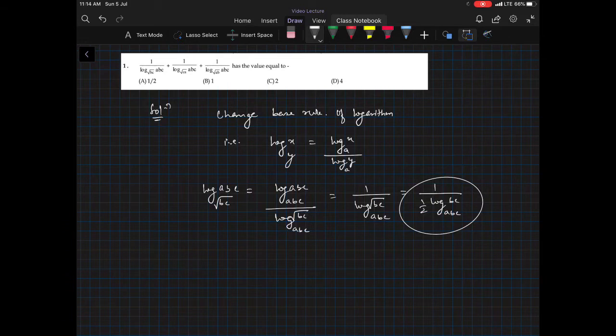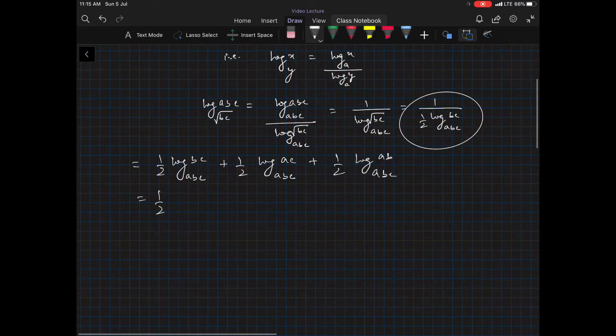So the above question becomes half of log bc base abc plus half of log ac base abc plus half of log ab base abc.